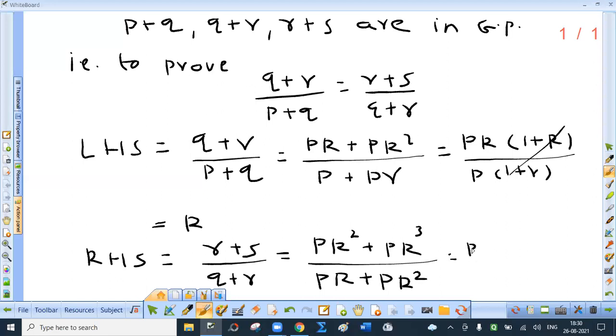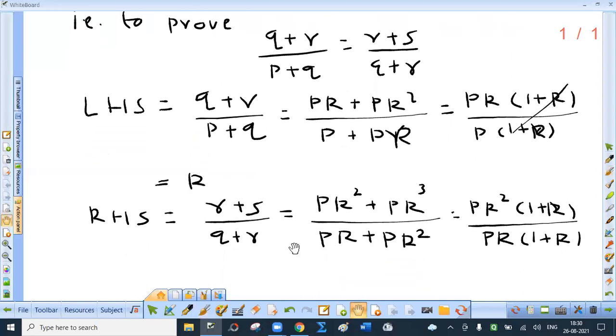Now from numerator, PR square can be taken common to get 1 plus R. This should be capital R, not small r. I'm sorry. Now from denominator, you have to take PR common to get again 1 plus R. So what remains is again capital R, equal to LHS. That's it.